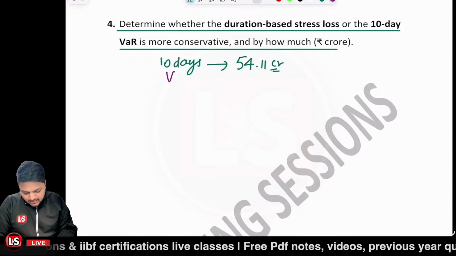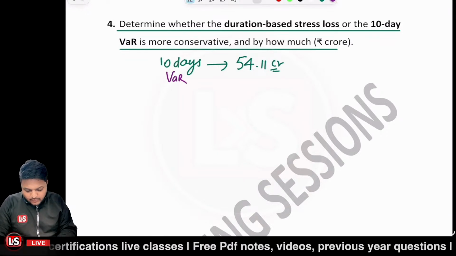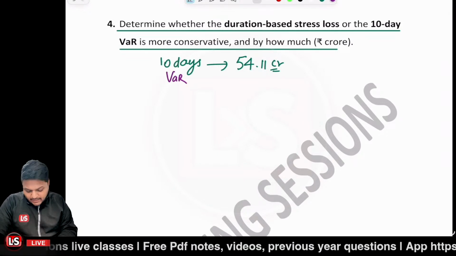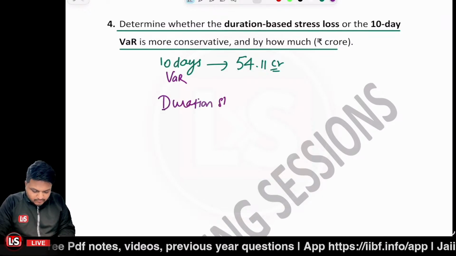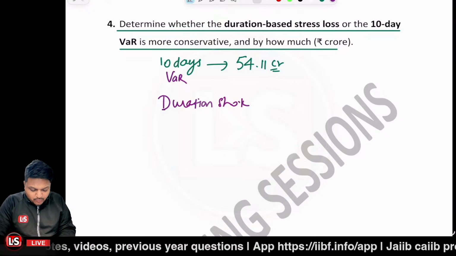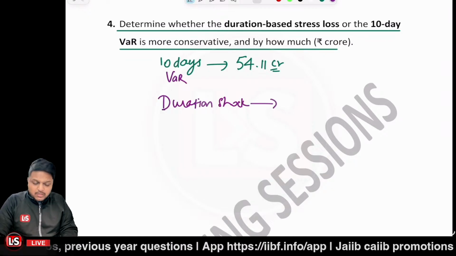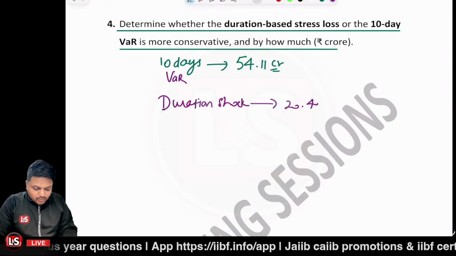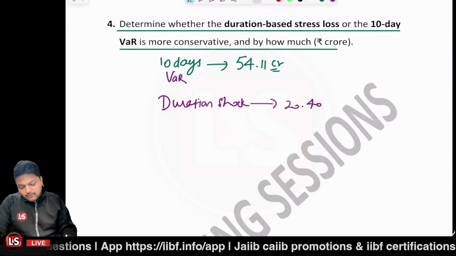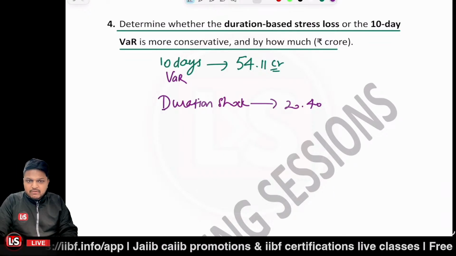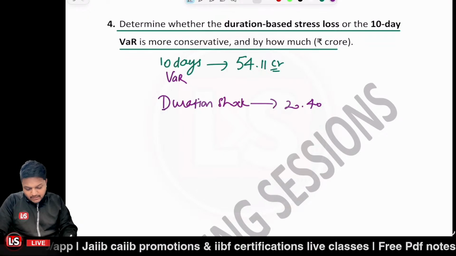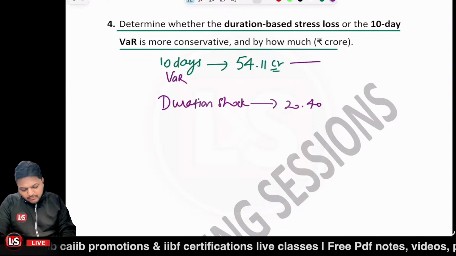So the 10-day VAR is 54.11. And if we look at the duration shock, due to the basis point move we lost a value of around 20.40 crore, right? Now, if we look at the duration-based stress test or the 10-day VAR, which one is more conservative? Definitely the 10-day VAR is more, right?